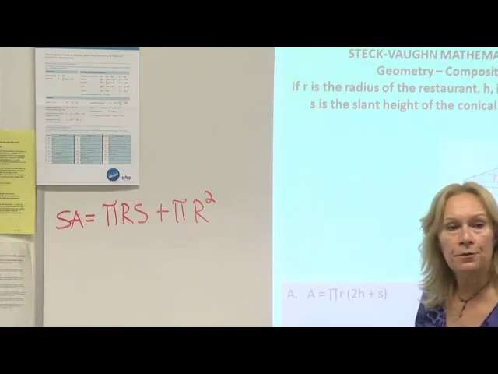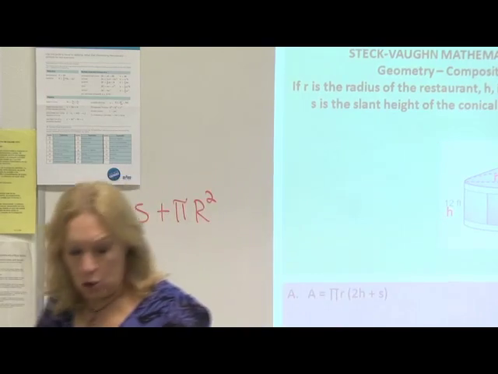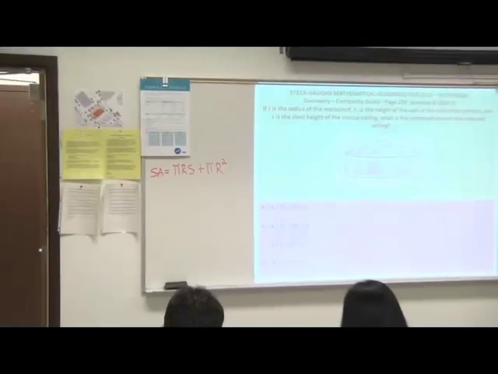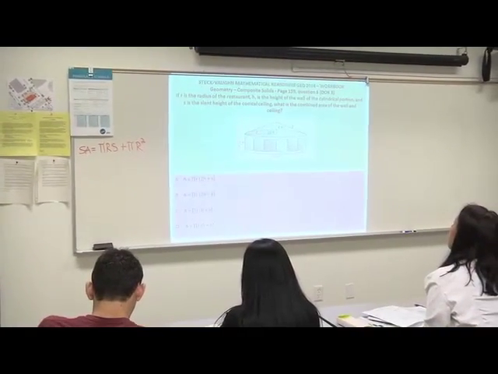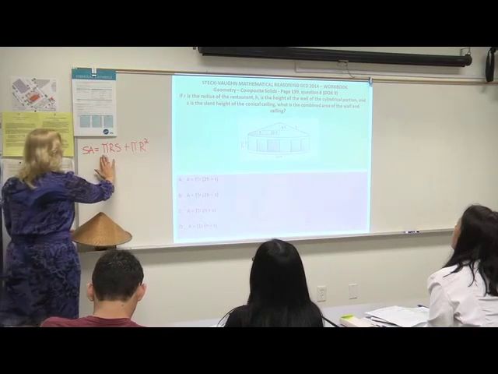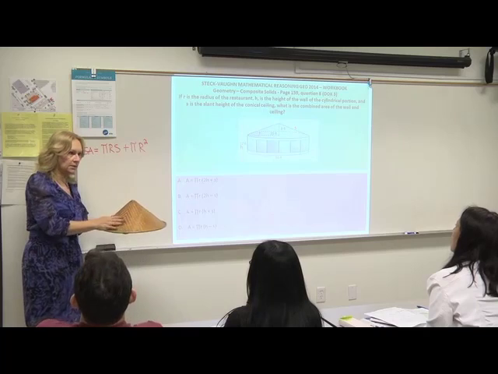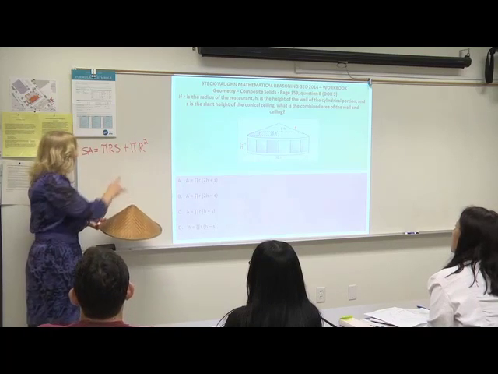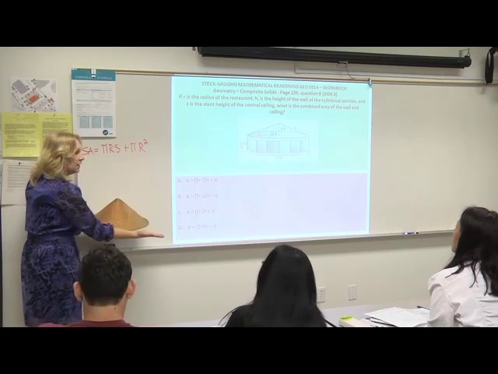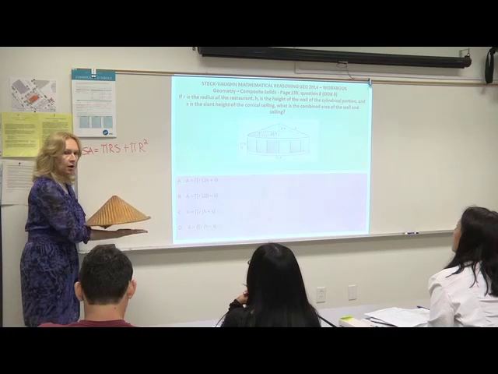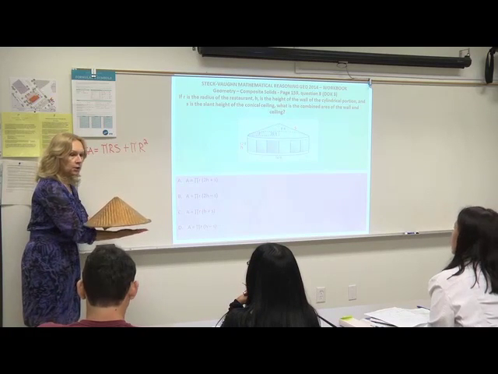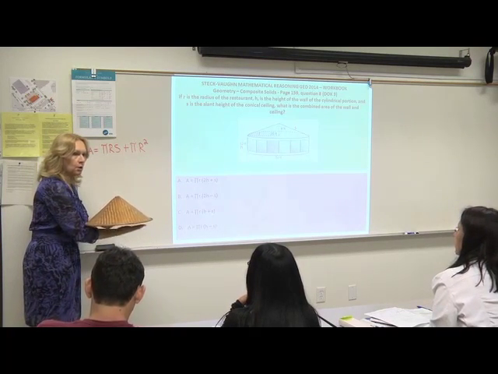This is the surface area of a cone. Now, pi R S is the surface area of this. And when I add this, it is the surface area of the bottom of the cone.